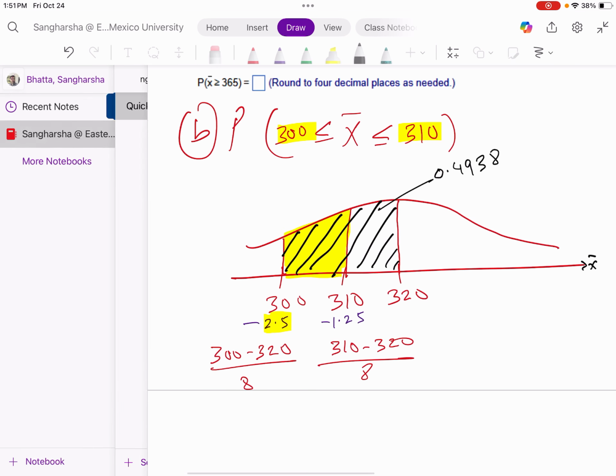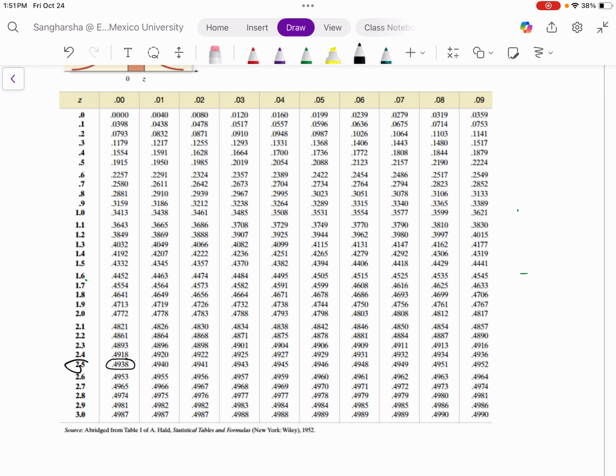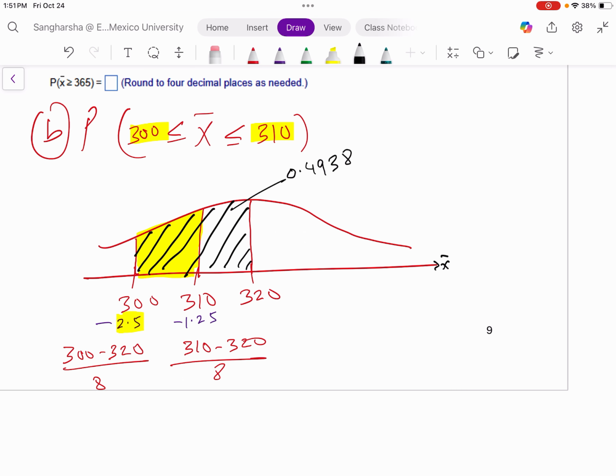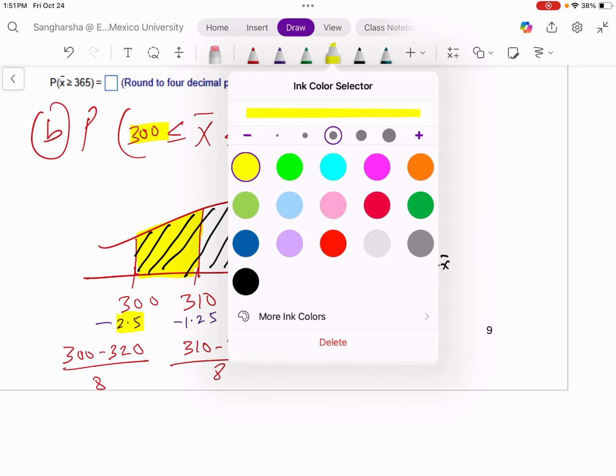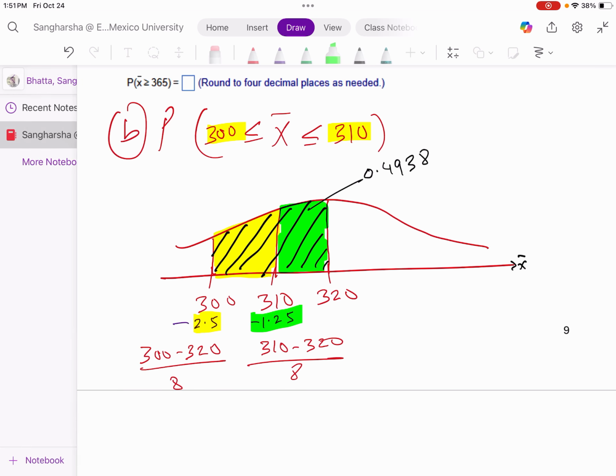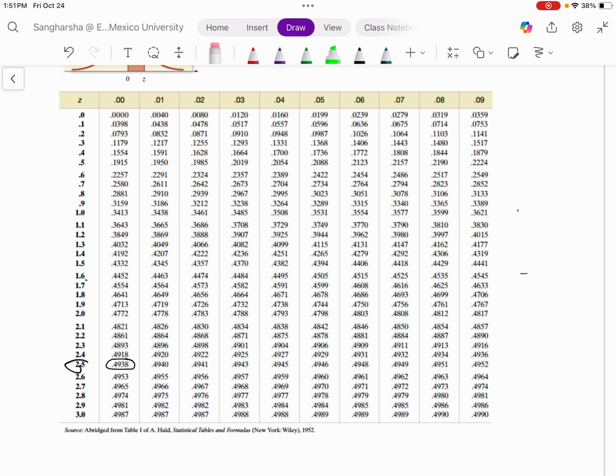Let me double check, 0.4938, okay. Now using the other z, 1.25, 1.2 and 5 is here, 0.3944.